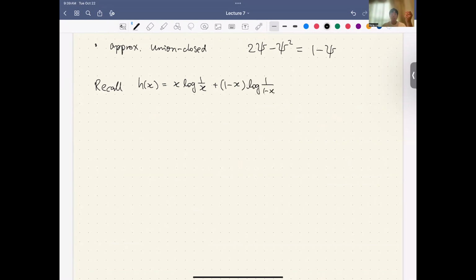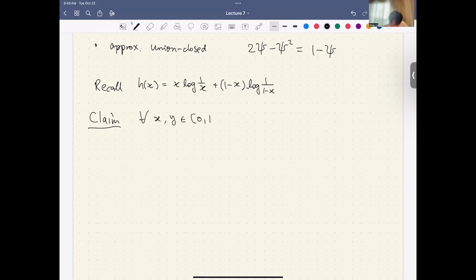This is the number that records the entropy of a Bernoulli random variable with probability x. There is a claim that we will not prove. It's an analytic inequality for this little entropy function h. We're going to use it as a black box.